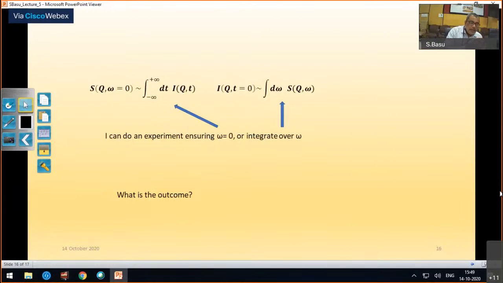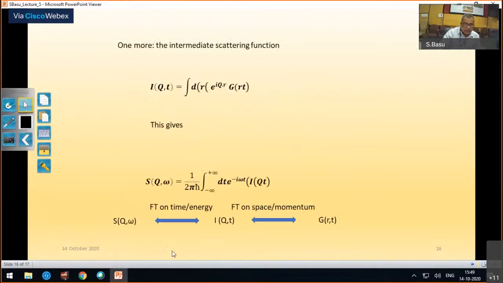From the relationship that I showed you, S of q,omega equal to integral dt e to the power minus i omega t I of q,t, right? So here, or I can write it inversely.